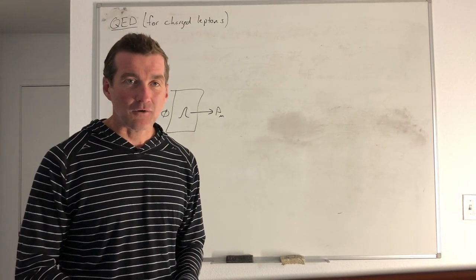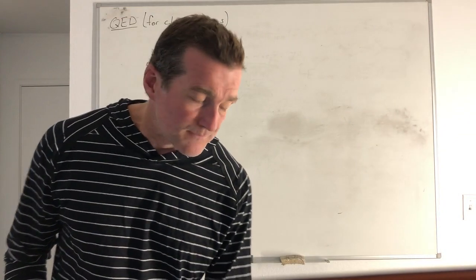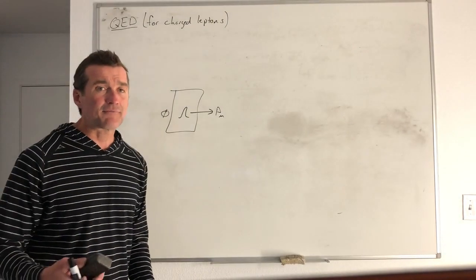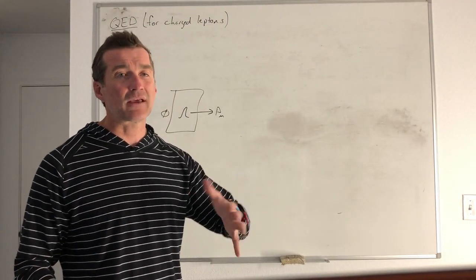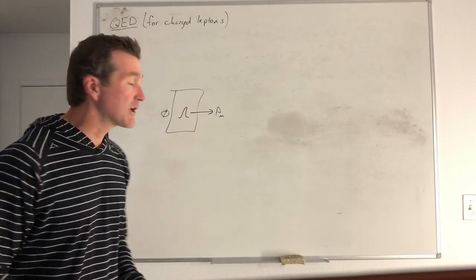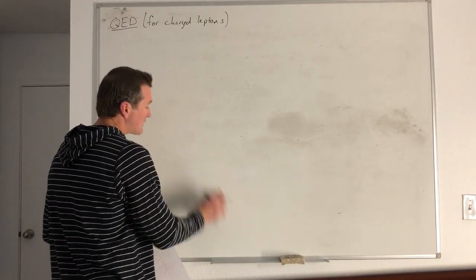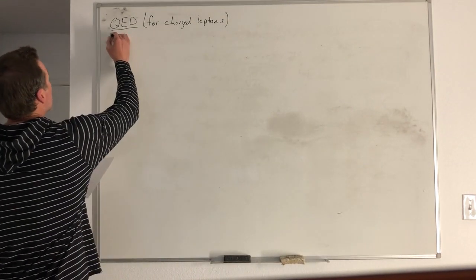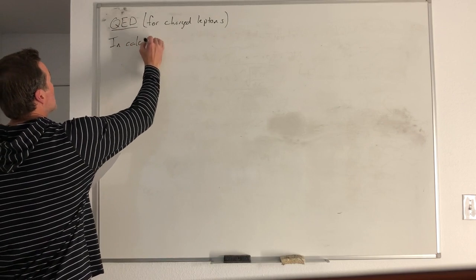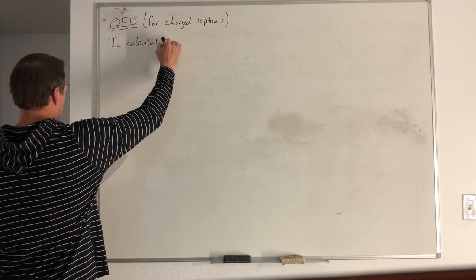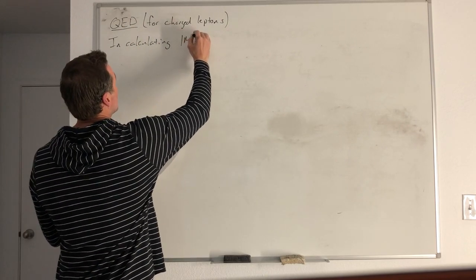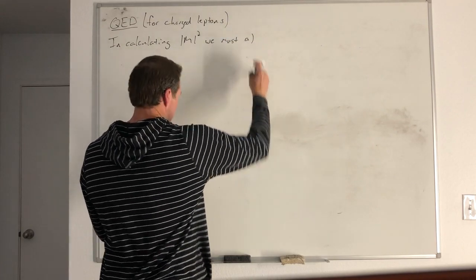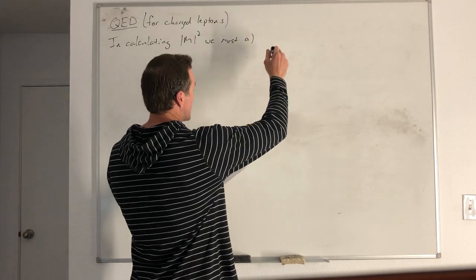Spinors do too. Okay? So it turns out that part of our story is going to be trying to figure out what to do with the orientation of spin or of the polarization of a photon. And it turns out that in calculating m squared, we must, first of all, average over incoming spin states.